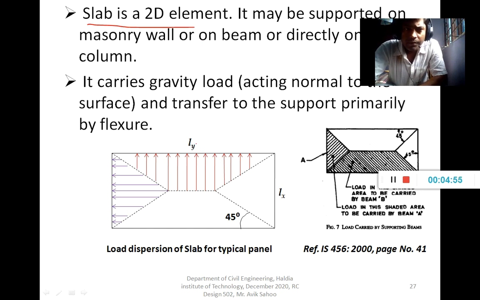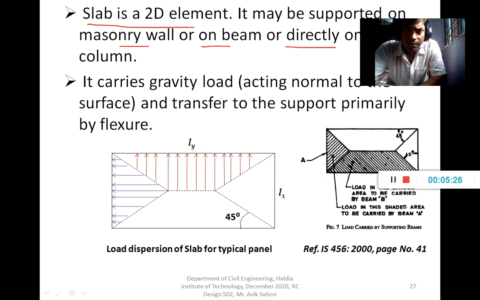And as I showed in the previous slide, the slab is supported either on a masonry wall or on a beam or directly on a column. So basically three types of support are considered.